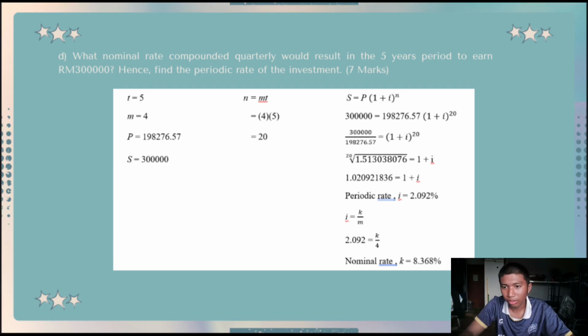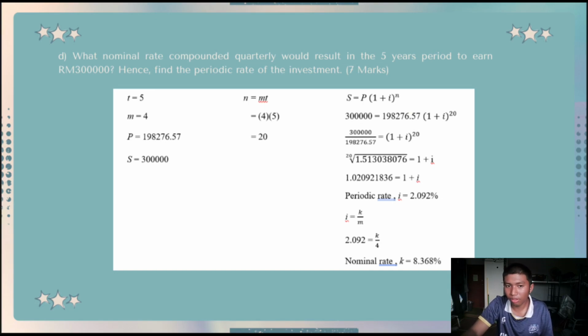And then we need to find i, which is the periodic rate, and the nominal rate is K. Both of them have their names, and we need to identify them. So S equals P bracket 1 plus i bracket power of n. We just substitute the given information and do the algebra, and lastly you will get periodic rate i equals 2.092%.